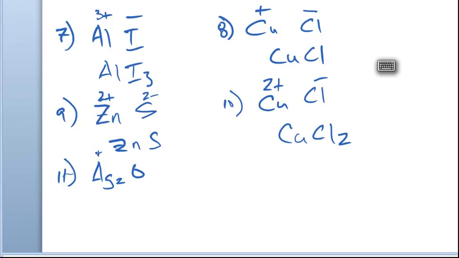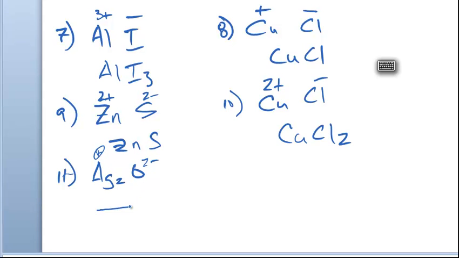Even if you didn't know that, you could fall back on oxygen, and you know that oxygen is pretty much always 2 minus. So if the formula tells you that you have 2 silvers, then they each must be single plus in order to balance the 2 minus charge.